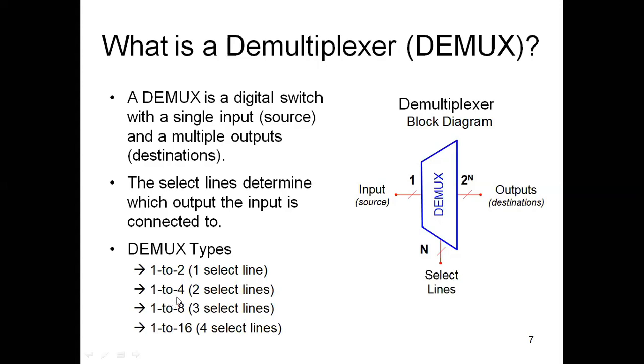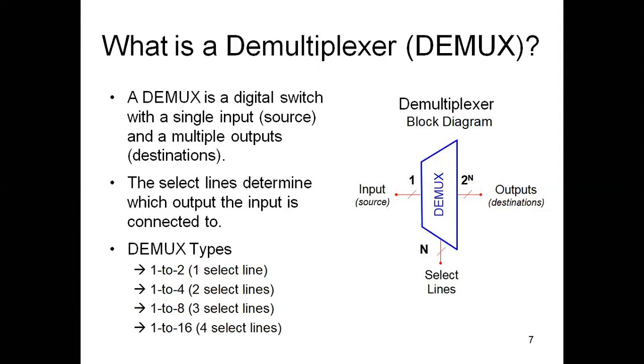It passes the one input line and produces the 4 outputs. How many selection lines are required? 4 is 2 power 2, so n is equal to 2. So we pass 2 selection lines. That is the concept and definition of a demultiplexer.